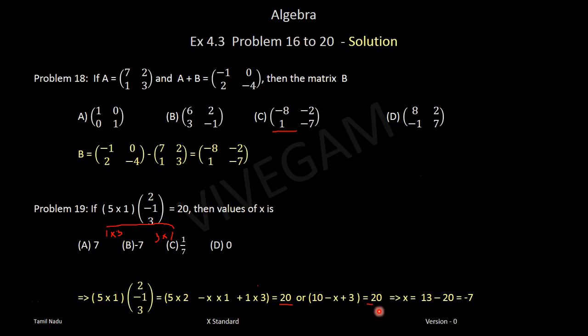So 13 minus x is 20, or x will be equal to 13 minus 20, that is minus 7. So option B is our answer. Basically you'll have to do the matrix multiplication, get the resultant matrix, equate it to 20 and get the value of x.